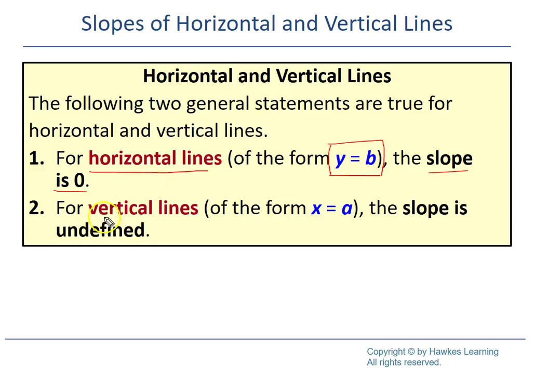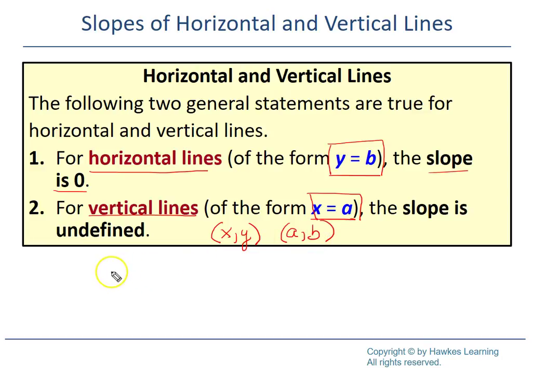And the other thing to note, what is the formula for a vertical line? And the formula for that is x equals a. Now, a little hint, too, as we had said before, the ordered pair is x comma y, but sometimes we write that ordered pair as a comma b.